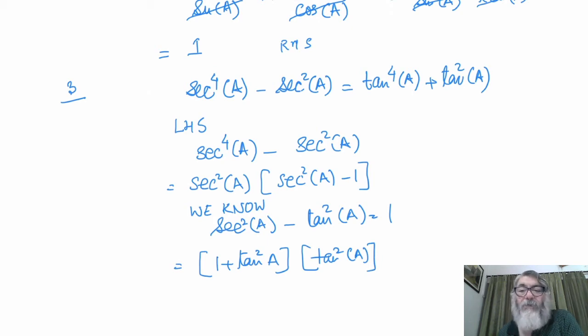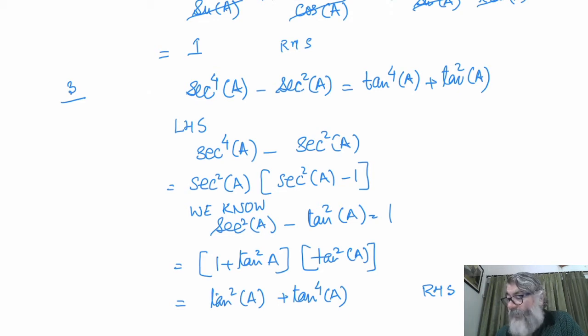It's just a question of taking one thing to the left side, one thing to the right hand side. So 1 plus tan square a into tan square a. And when we multiply it, I'll get tan square a plus tan to the power 4a. So this is what the right hand side was. Left hand side and right hand side are equal.